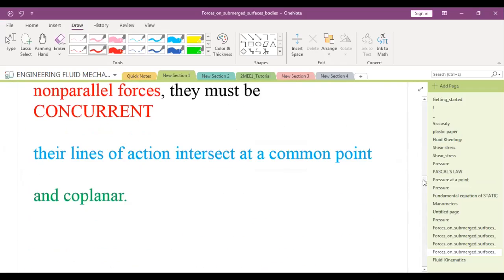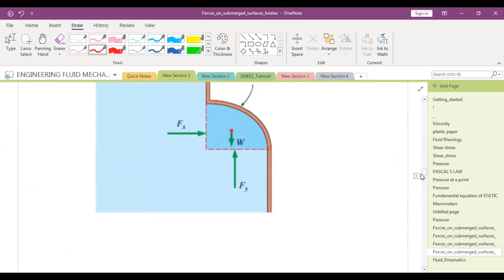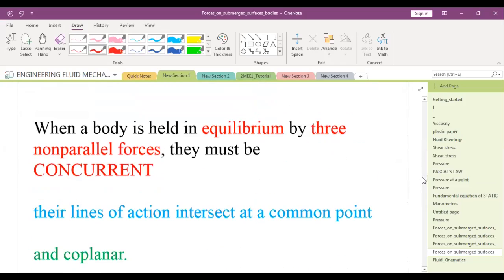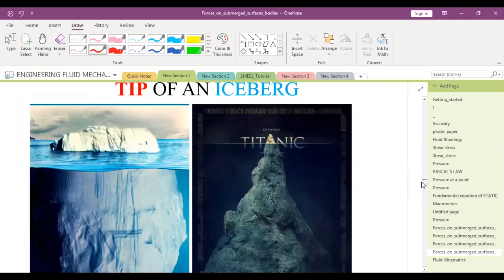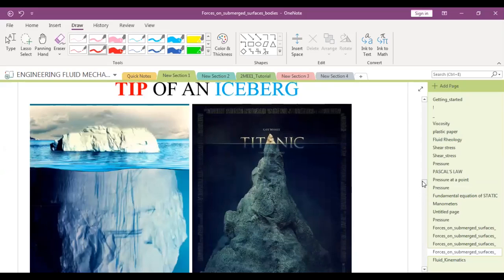So we were talking about curved surfaces. Next to curved surfaces, we came to submerged bodies. In submerged bodies, this was the first example.